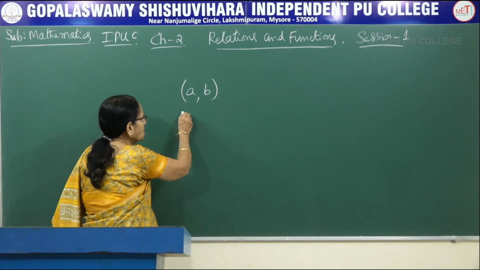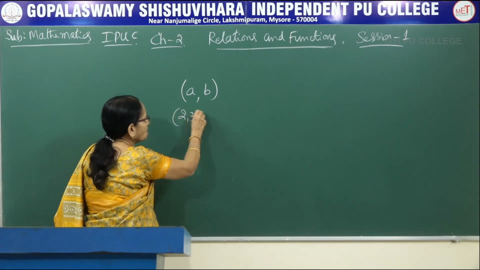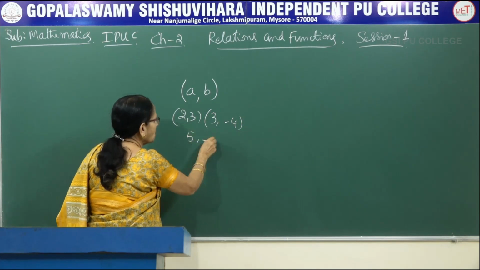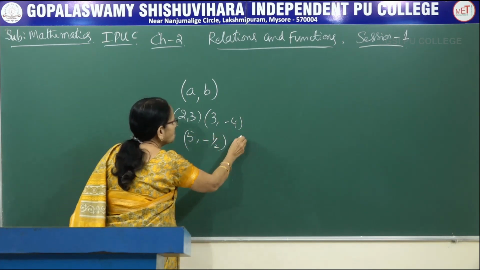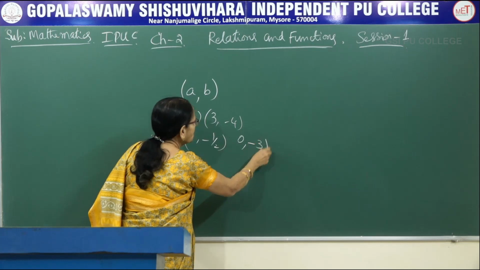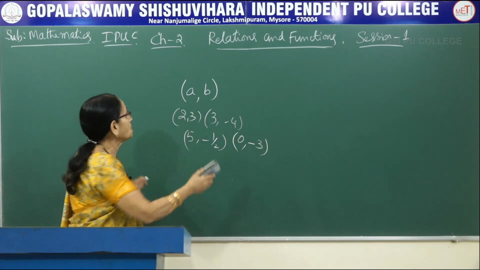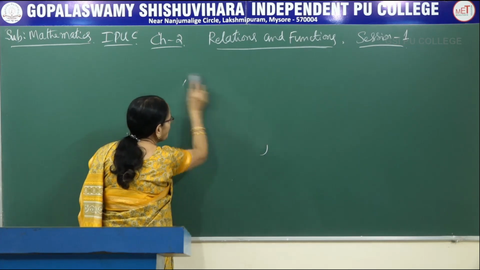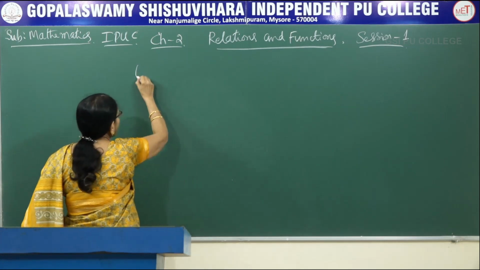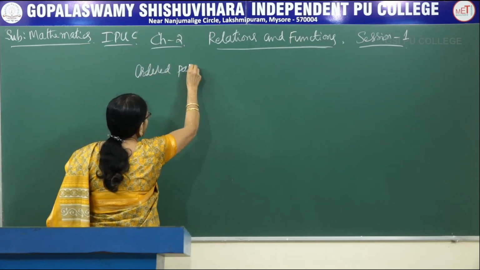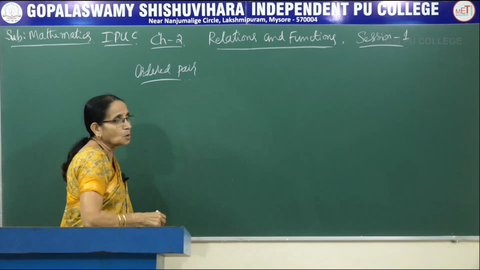For example, 2 comma 3, or 3 comma minus 4, or 5 comma minus half, or 0 comma minus 3, something like this. All these we call ordered pairs. So this is the first definition we are learning. It is called an ordered pair.